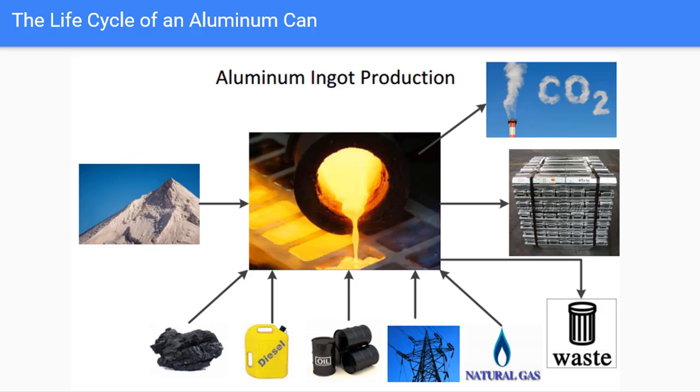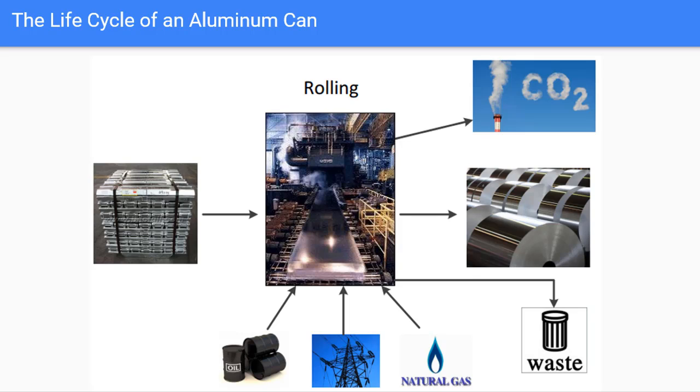So we then go into the aluminum ingot production, and in this one, the same inputs such as fuel and oil can be seen for the production, the rolling process, and finally the can production. So in the rolling process, this refers to the stage after manufacturing where the material is actually created.